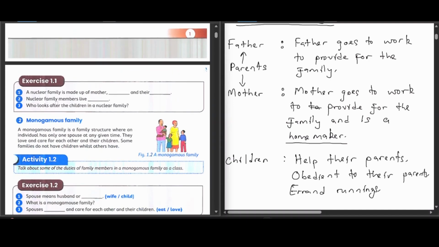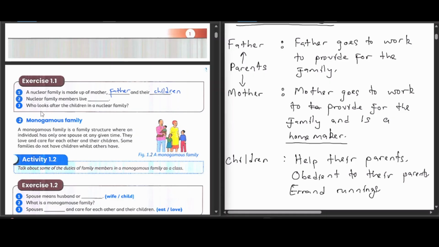So it's exercise 1.1. Takatarisa exercise zviri kunzi, a nuclear family is made up of mother dash and their dash. Saka here it's father, mother, father, and what? And their children. That is what we have learned.